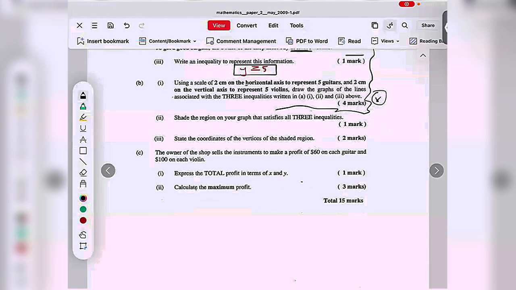Please note that horizontal axis is another way of saying x-axis, and vertical axis is another way of saying y-axis.